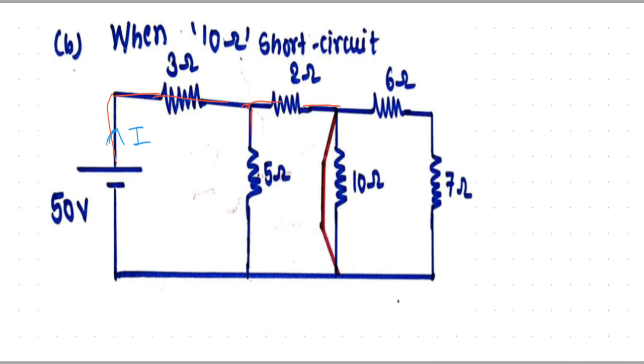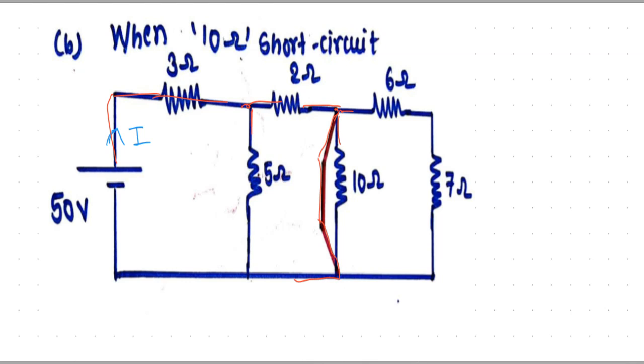Now from this you can see when current is here, it has three options to go. So I told you earlier that current can pass through the path which has minimum resistance. You can see my previous video. So current will pass through this path only.